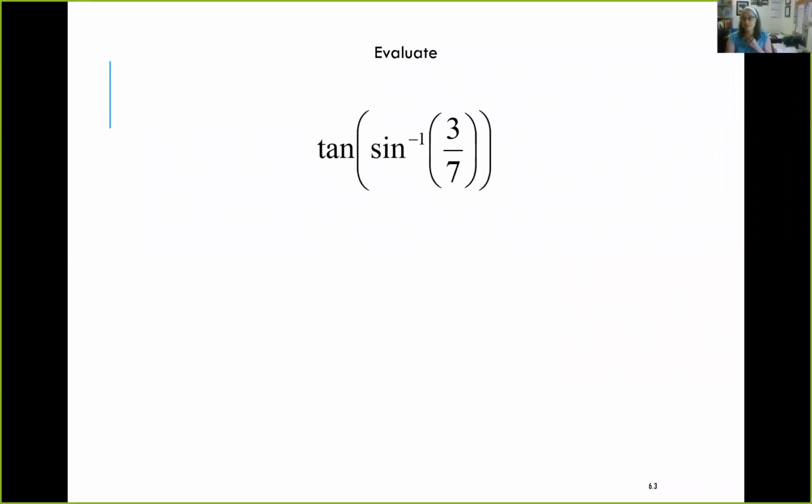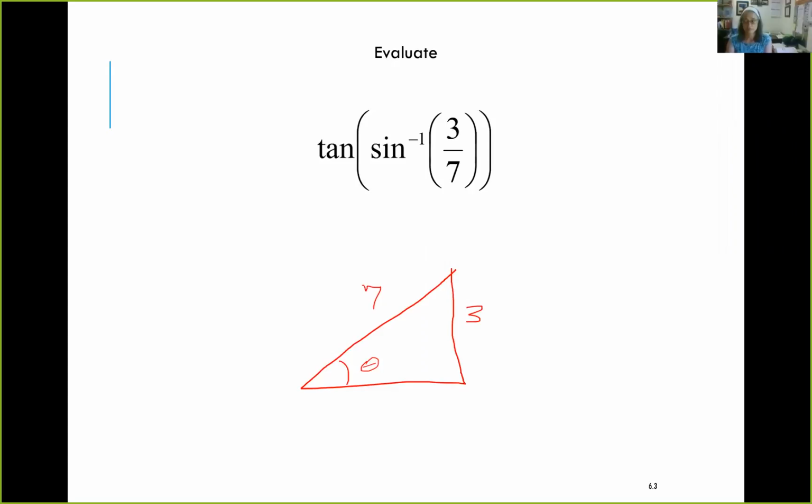We can do the same thing with tangent. So again, let's draw a triangle. And I'm not going to try to be fancy this time. I'm just going to draw a triangle. The sine of this angle theta is 3 over 7.